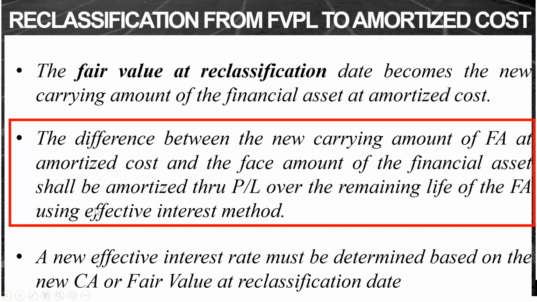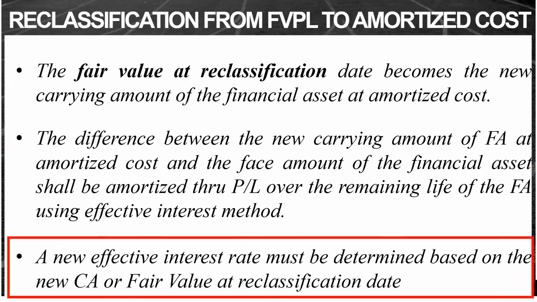This simply means that after reclassification, you have to determine either if there is a discount or a premium. If our carrying amount and our face amount are not equal, it means there is a discount or premium. And that discount or premium, of course, we amortize using the effective interest method, just like what we do with financial assets measured at amortized cost.